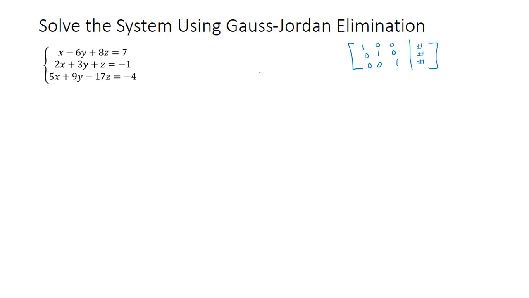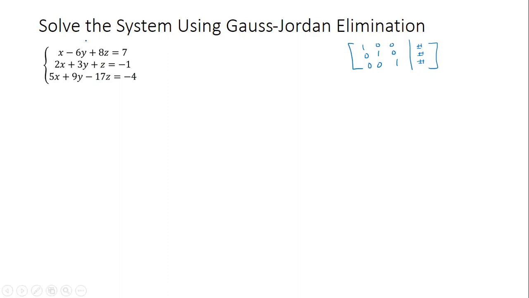row to another row. So the first thing we want to do is solve the system, which consists of the three equations: x minus 6y plus 8z equals 7, 2x plus 3y plus z equals negative 1, 5x plus 9y minus 17z equals negative 4.